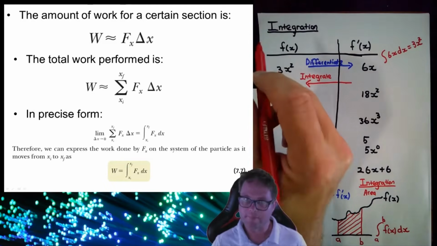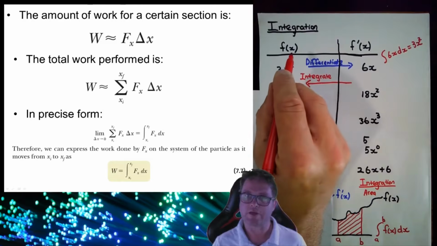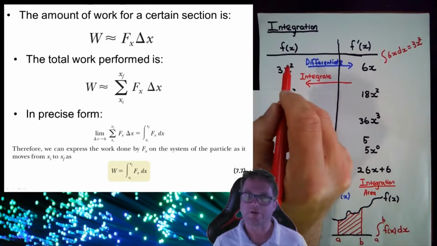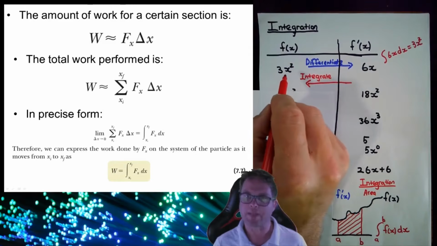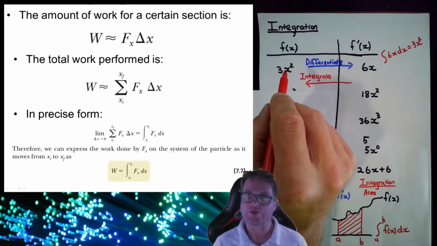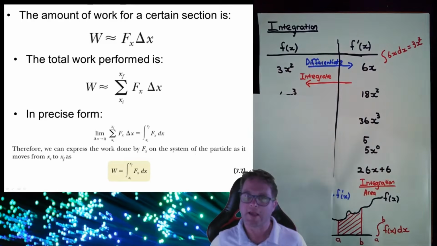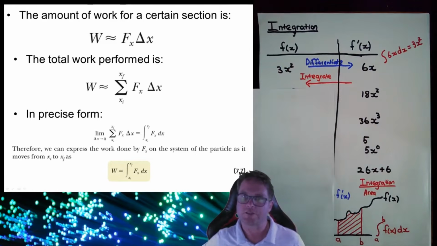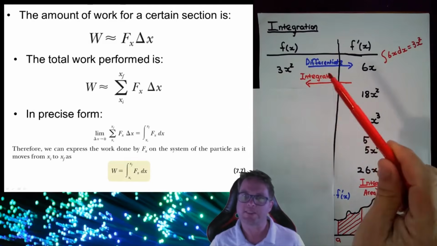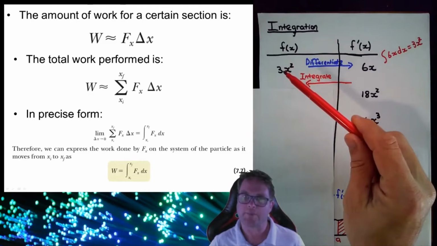So in this sheet, we're going to consider a function. For example, the function might be 3x squared. And then we know what we can do is differentiate the function, right? And we're all familiar with how to differentiate a function. We simply take the 2 and multiply it by the 3.